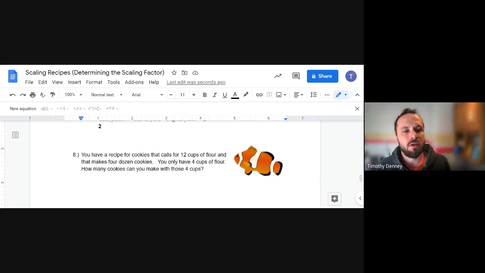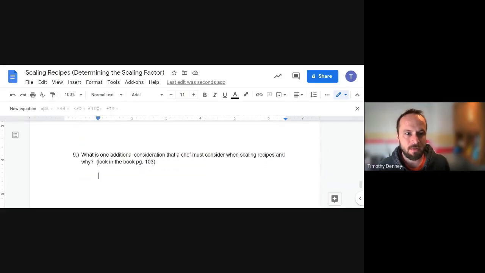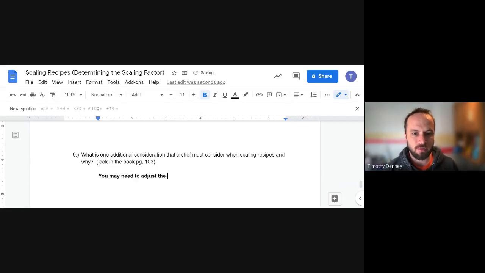All right, this is an extra credit one. If you guys can do this, I will give you extra credit. One additional consideration that a chef must consider when scaling recipes, and why? Well, we talked about a few. You may need to adjust the cooking time or the cooking temperature to match the new yield, right?